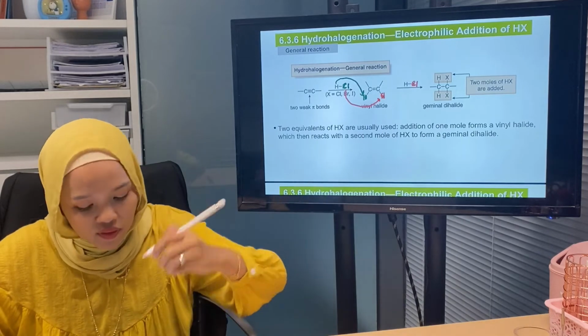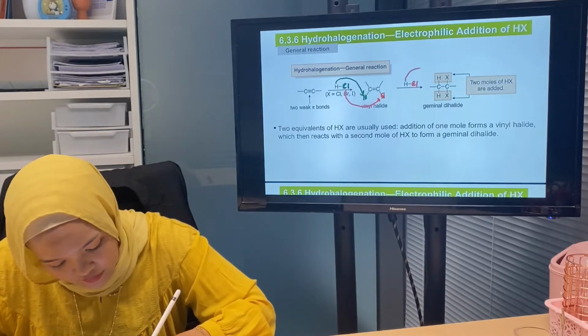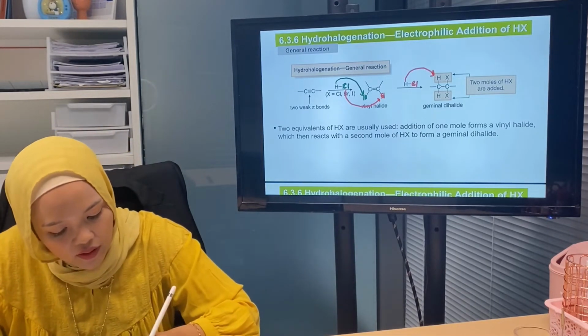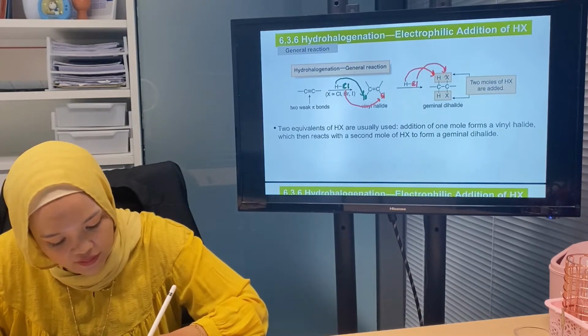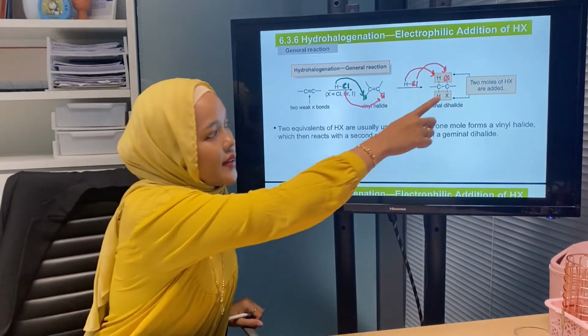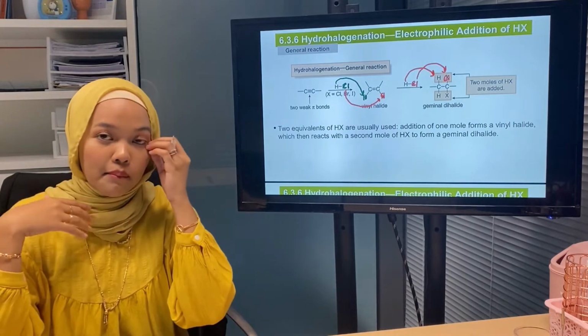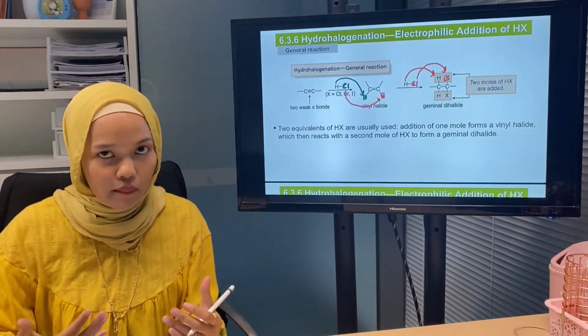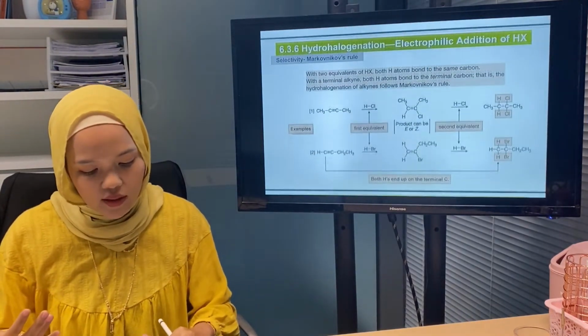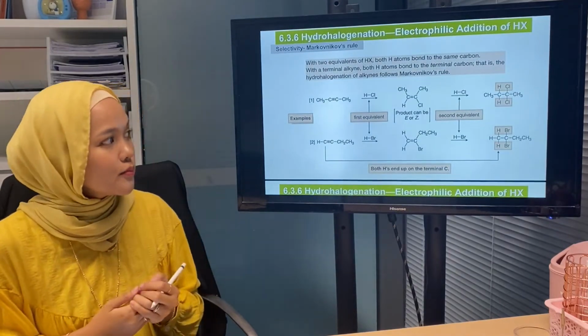This hydrogen will be added here and the Cl will be added here. So why do they tend to be added at the same carbon? This is because of the Markovnikov rule.